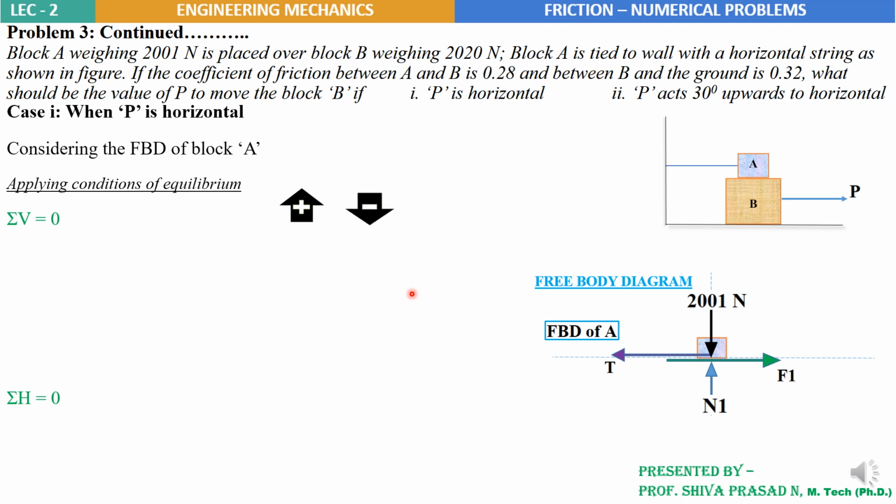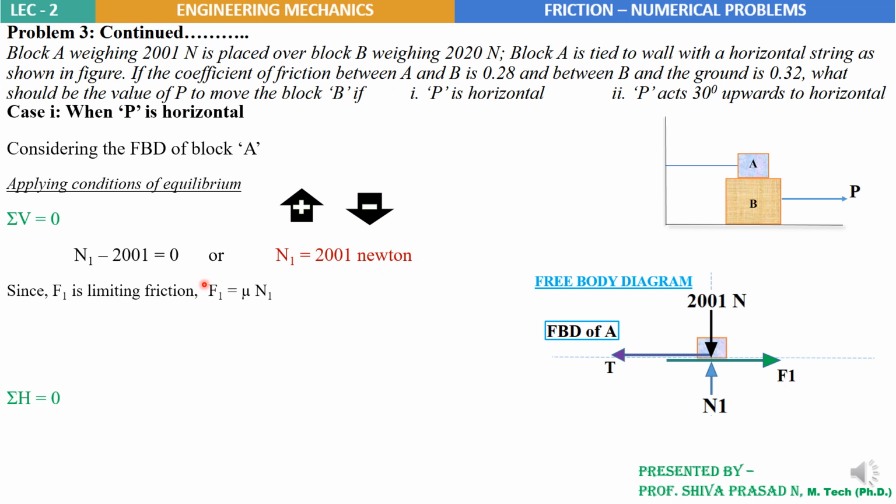So let's write the equation: N1 upward and 2001 downward force. So plus N1 minus 2001 equal to 0. This gives you the value of N1 to be equal to 2001 Newton.